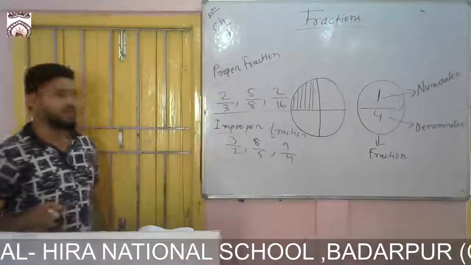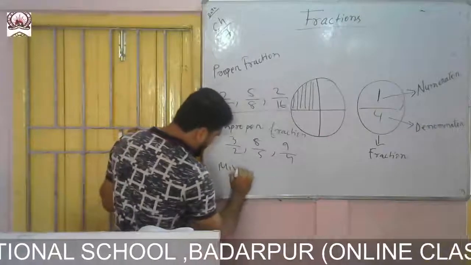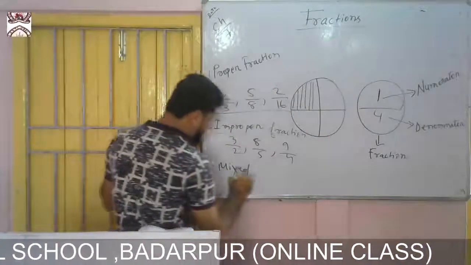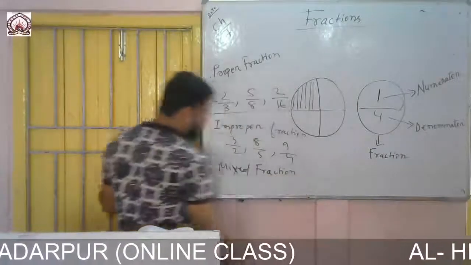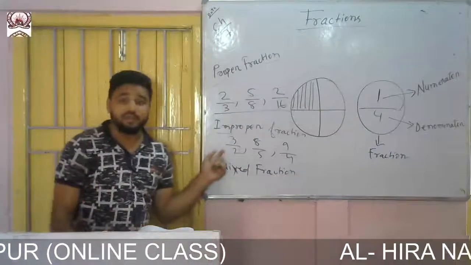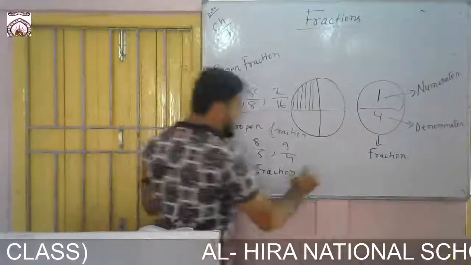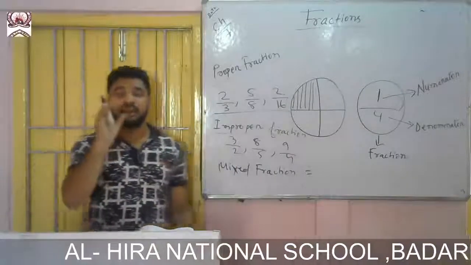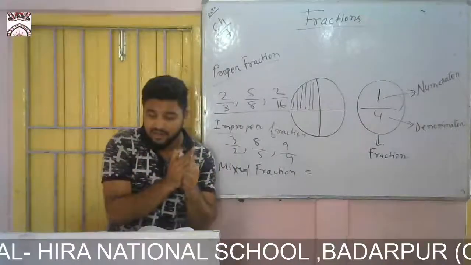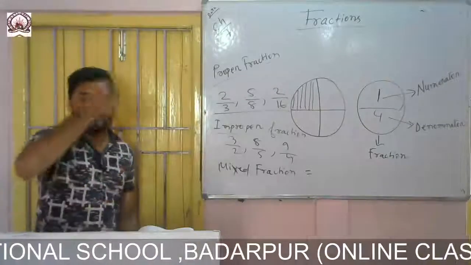Now what is a mixed fraction? Here you see this 3 by 2 is an improper fraction. So this can be taken as a mixed fraction. In a mixed fraction, one part will be a natural or whole number and another part will be a fraction.